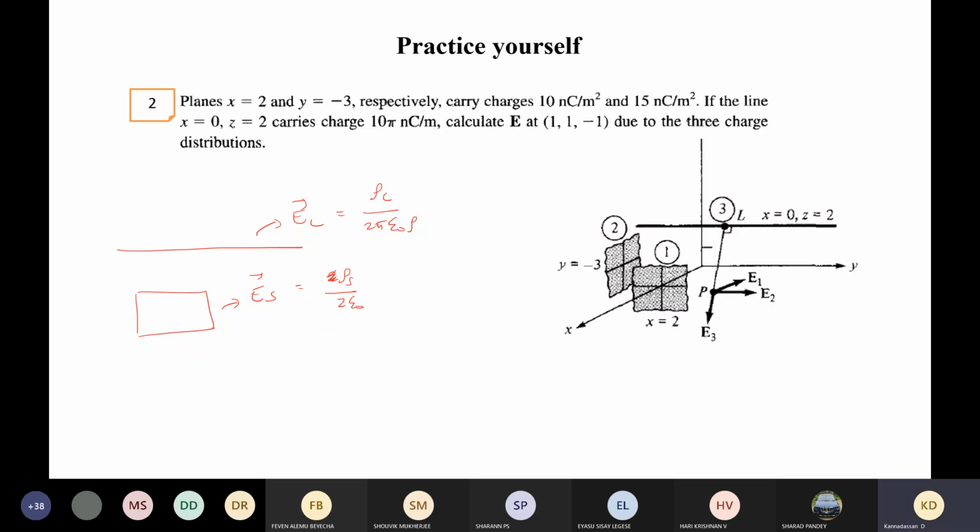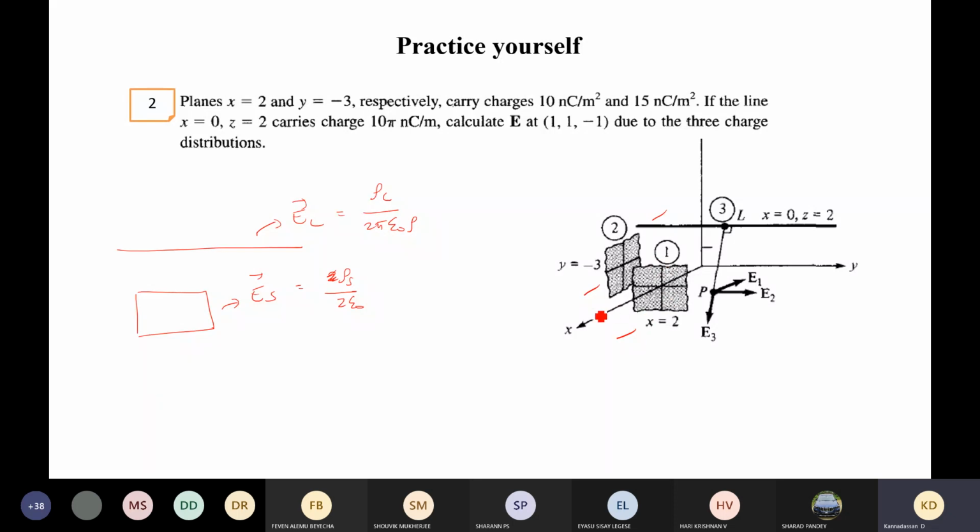Here there are two infinite sheet charges and one infinite line charge, and their locations are given. You have to calculate the electric field due to these hybrid distributions, line and infinite sheets.